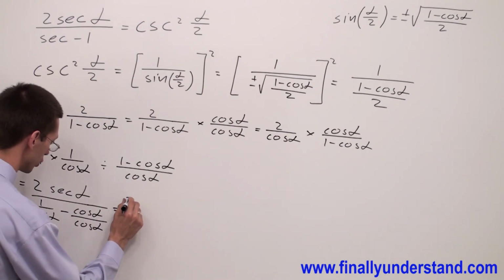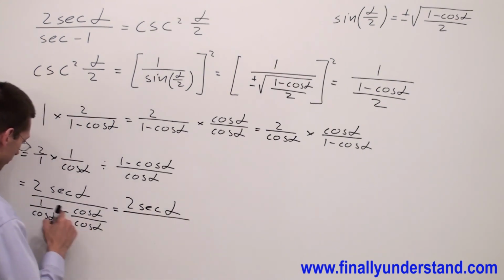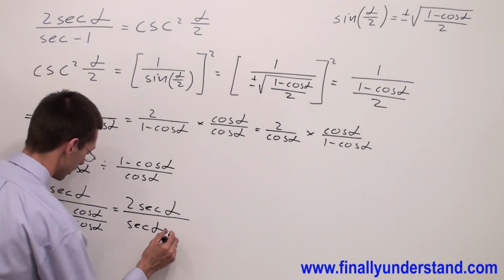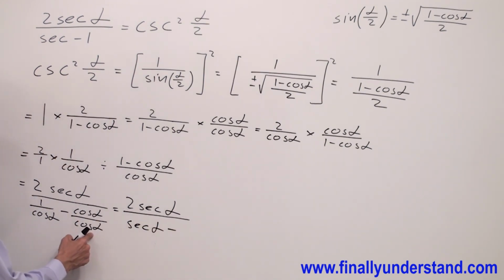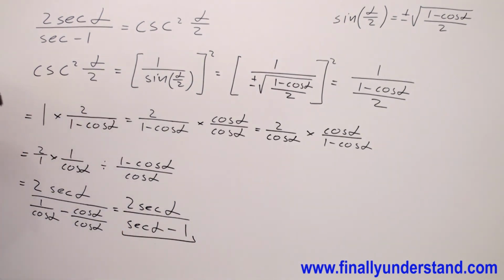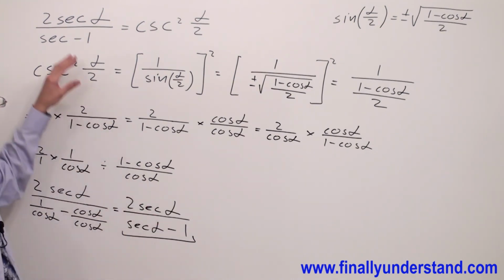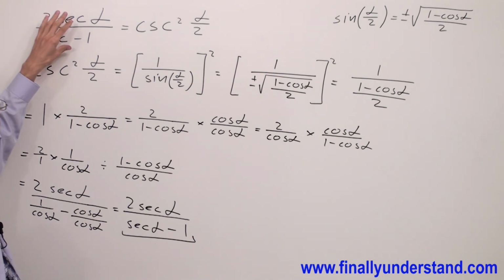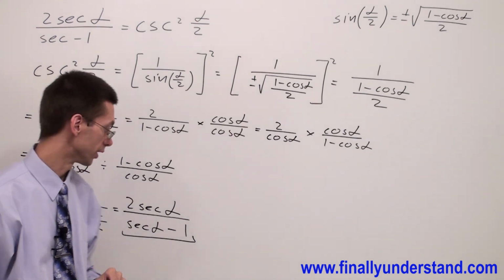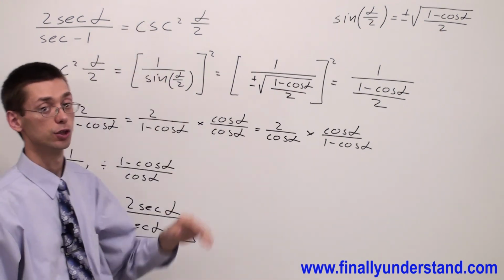This is equal to secant alpha, and I have 1 divided by cosine alpha is secant alpha minus cosine alpha divided by cosine alpha is equal 1. Let's take a look what we have got. We have 2 secant alpha over secant alpha minus 1, and I have exactly the same expression on the left side of my identity. So it means that we proved that the left side of my identity is equal to the right side.